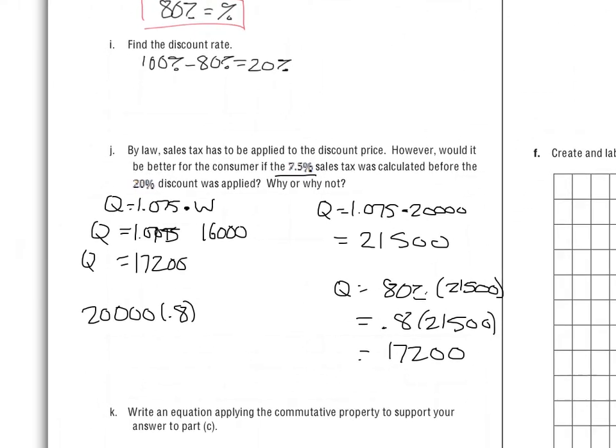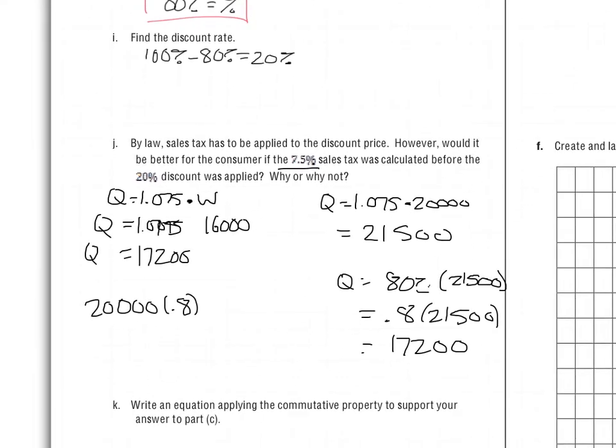And then when we got that answer, we multiplied that, because we plugged that in for our whole, times 1.075. Over here, we had our original price, which was $20,000. You can see that we multiplied it by 1.075. And then we took that answer and we multiplied it by 0.8.